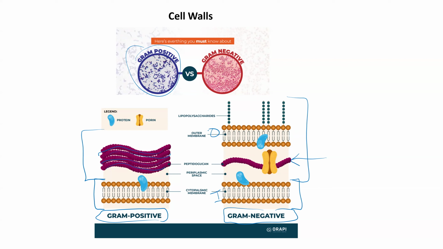And on top of that outer membrane, we have lipopolysaccharides. And we're going to see those are toxic when that breaks down. But because of this outer membrane and the thin peptidoglycan on the inside, when you put gram-negative into crystal violet, they do not turn purple. So they're negative for that color.